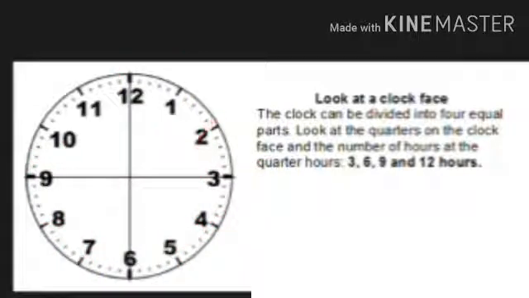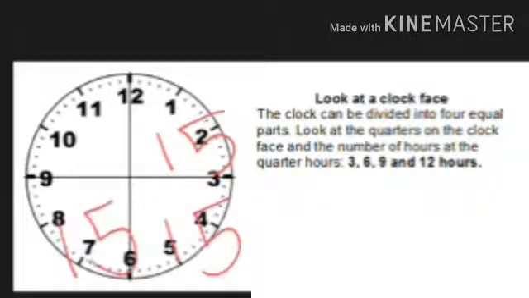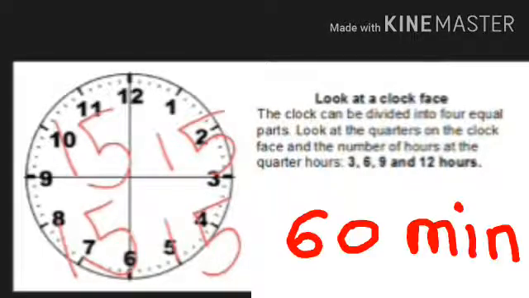And each part is of 15 minutes. You can see here 5, 5 2s are 10, 5 3s are 15. It means each part consists of 15 minutes. So total 15, 15, 30, 45 and 15, total 60 minutes.